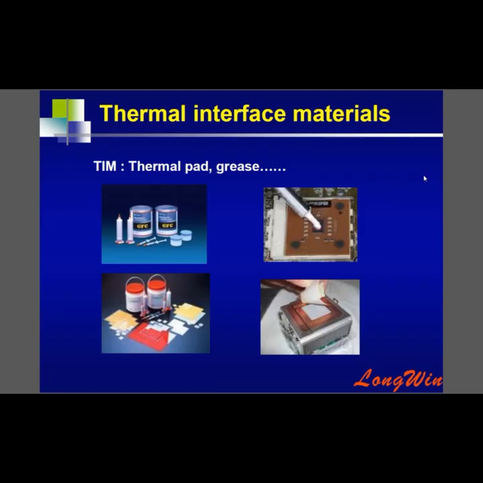And in this slide, we can see different types of thermal interface material, such as grease, and also a thermal pad, also like a thermal tape or the MCPCB board.